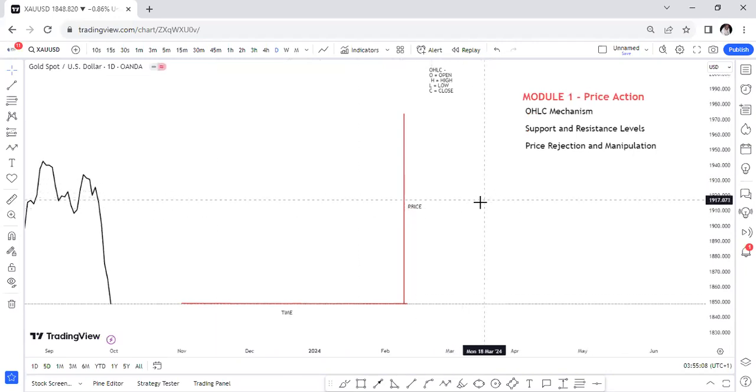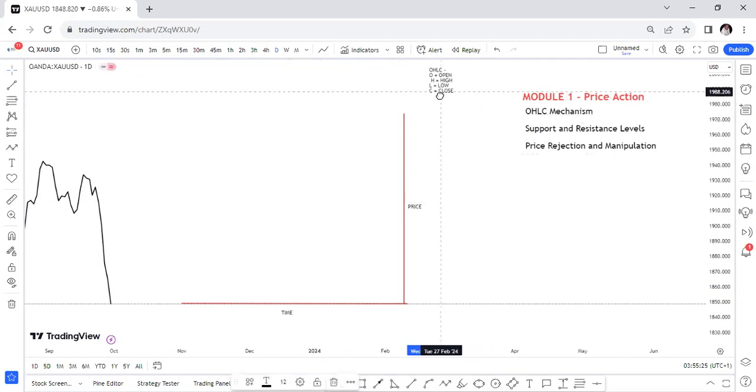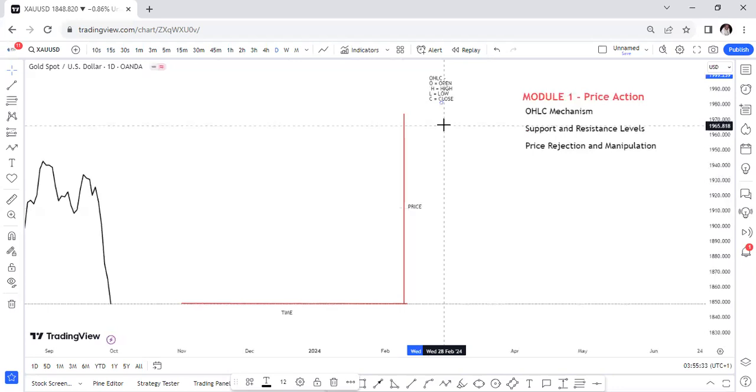Which is why I said high and low is no longer relevant in determining the significance of price information. It's no longer relevant because it represents price manipulation, price rejection, and no activity in the market, while the body represents the actual volume that takes place in the market.